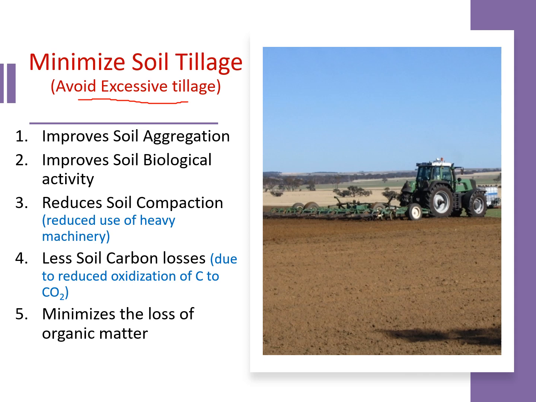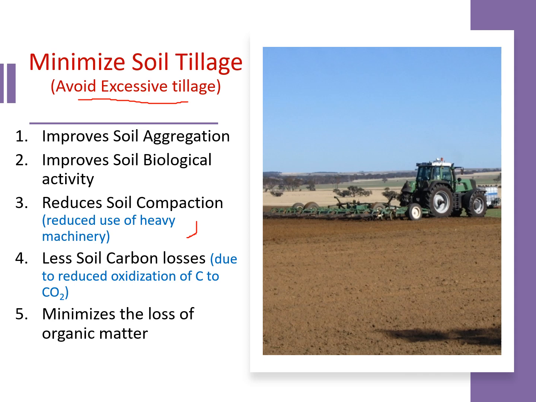Soil biological activity will improve because you are not interrupting the biological activities in the soil. When you use machinery for tilling operation, you also have compaction issues.